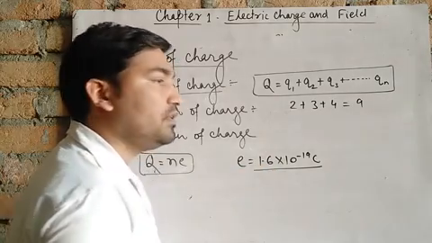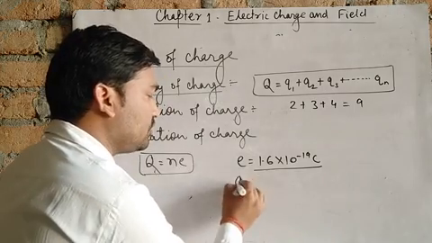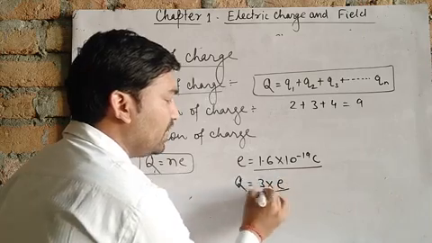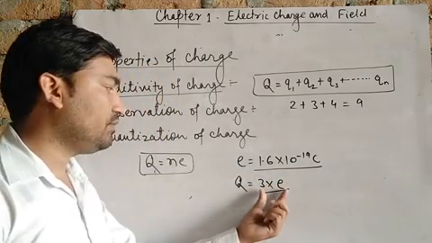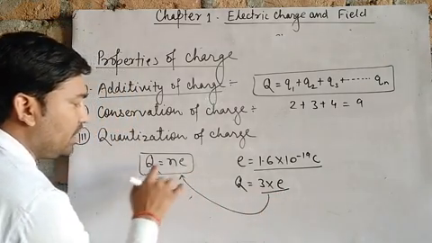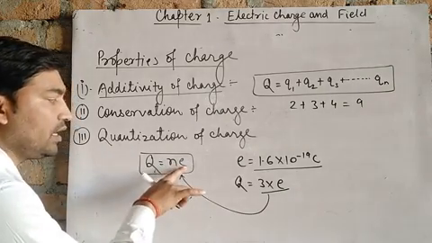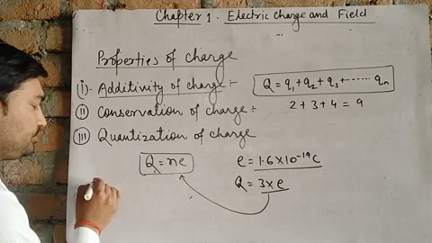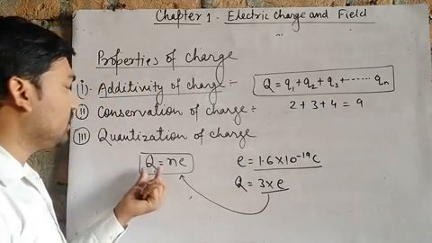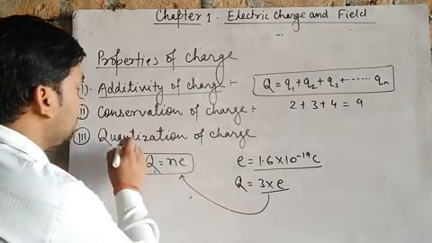If there are 3 electrons on a body, then the total charge is 3 into the charge of 1 electron. That's why the net charge on a body equals the number of electrons times the charge of 1 electron, that is, q equals n into e. This is the quantization of charge.